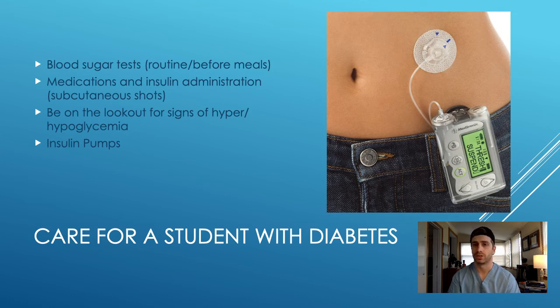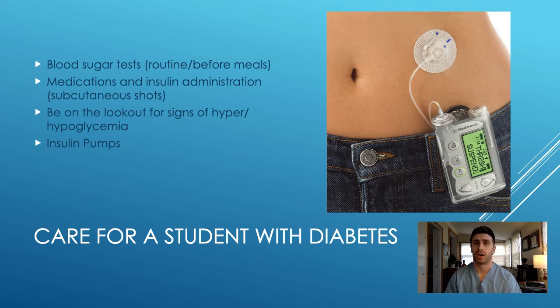And insulin goes subcutaneously, so it goes into like the fat. Usually the most common sites are the belly, the back fat, and the tricep, the back of the arm fat. And so it's a small little needle injected there with the dose of insulin, and then it gets absorbed through the fat into the blood, and then is able to decrease the blood sugar.